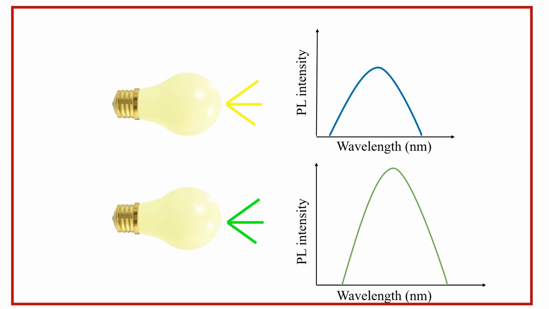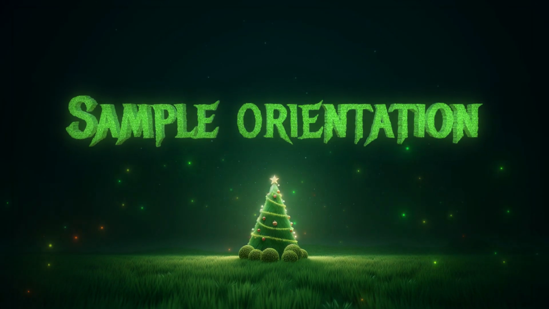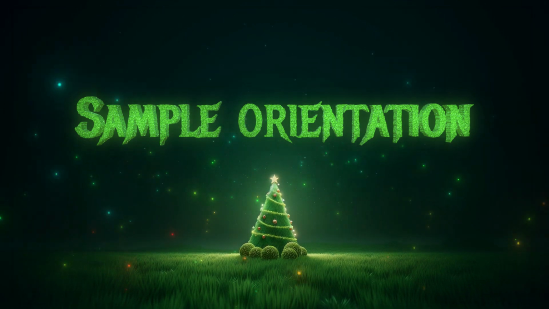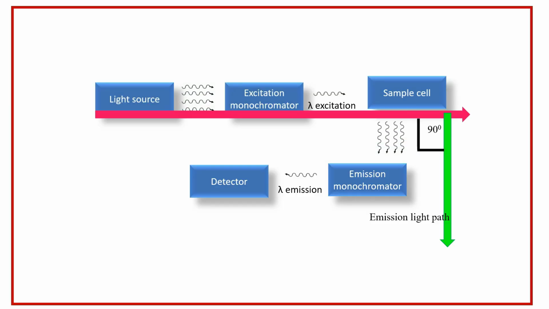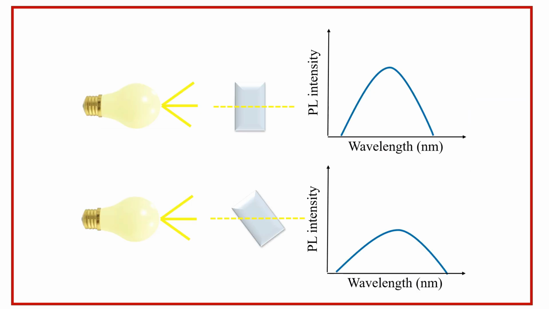Third point is sample orientation. Normally, the excitation and emission monochromators are arranged perpendicular to each other. The angle between excitation and emission monochromator is 90 degrees. Sample orientation influences the PL intensity. Here shows an example.